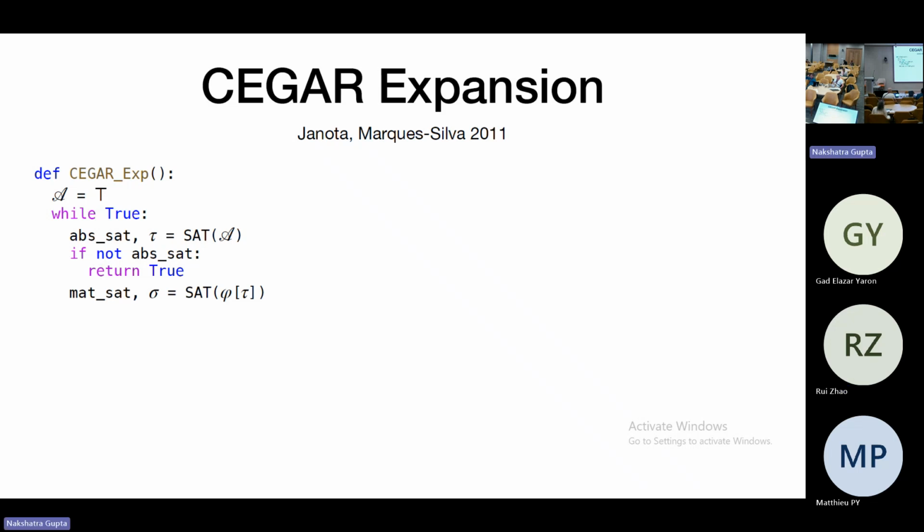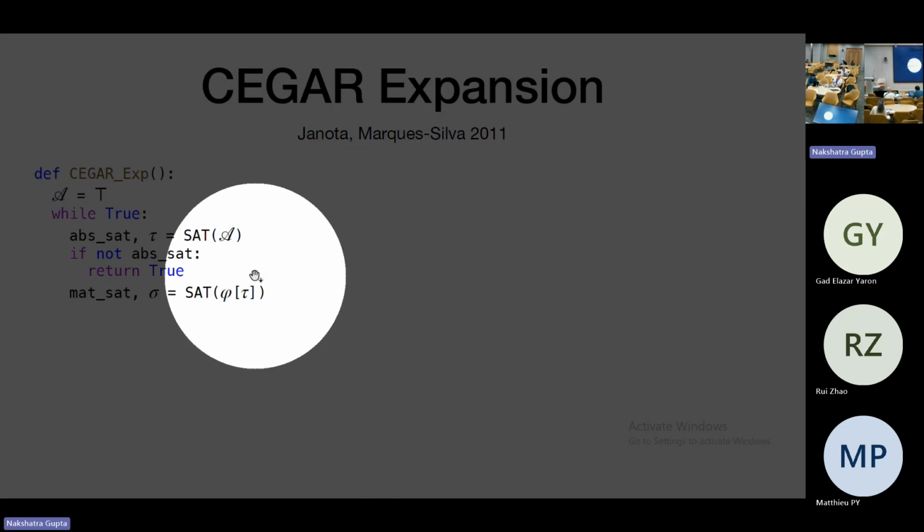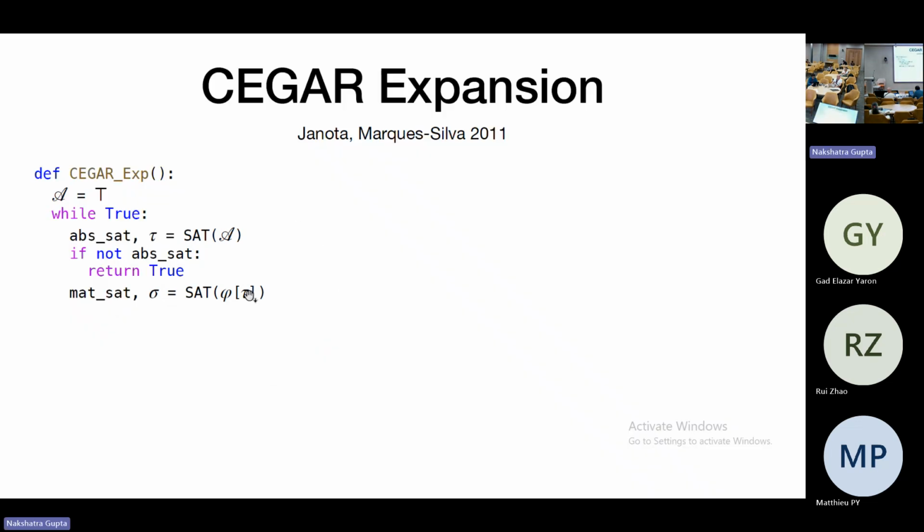If we still have a solution to the abstraction, then we can obtain a new move for the universal player. And then the existential player has to find a response. So this is what we're asking here. So tau is our new move, that's the solution to the abstraction. And so we ask, can the existential player respond to this? If they cannot respond, then the 2QBF is false, like we argued before.